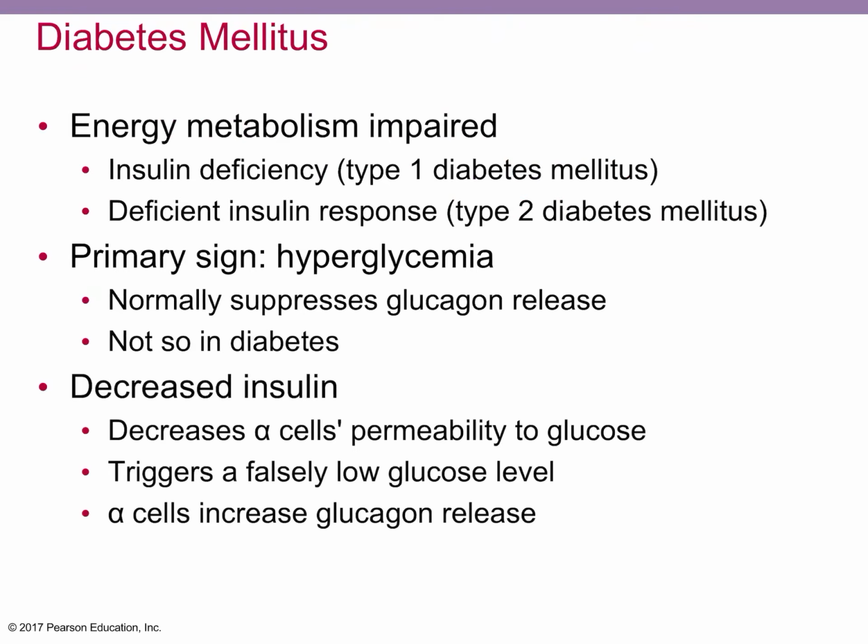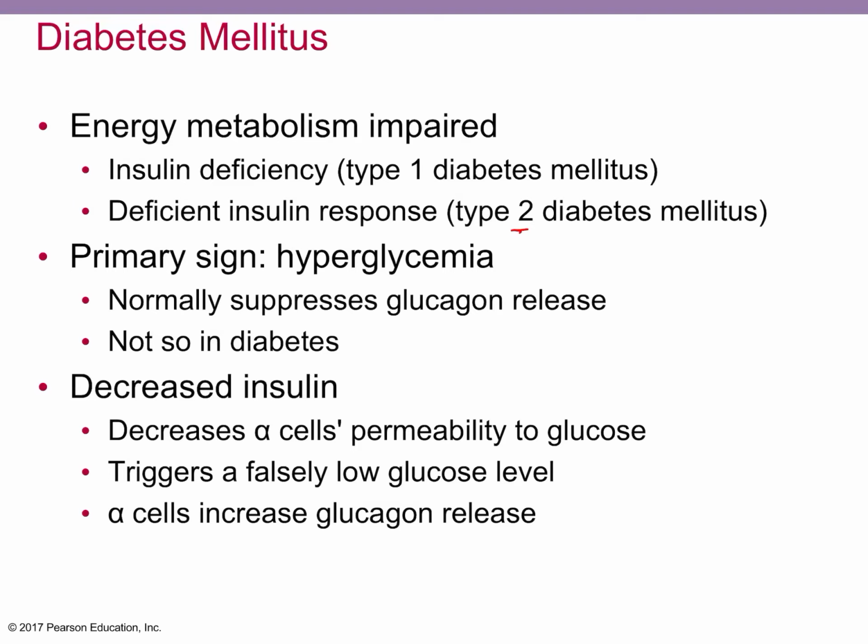Or you are deficient in the insulin response. So type 2 diabetes is where you have insulin being secreted, but there's some problem downstream. So maybe the target cells are not responding to insulin, or some kind of secondary pathway is not responding to insulin. So that's type 2.